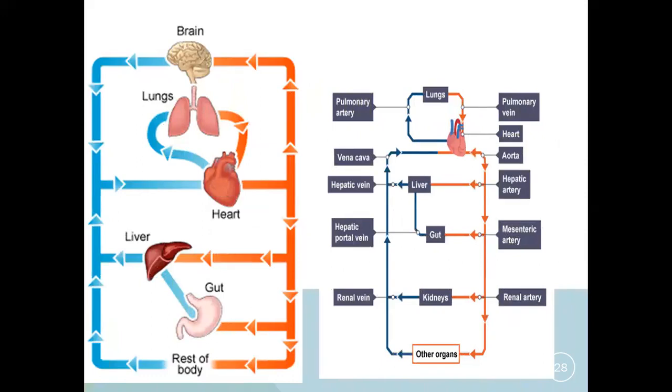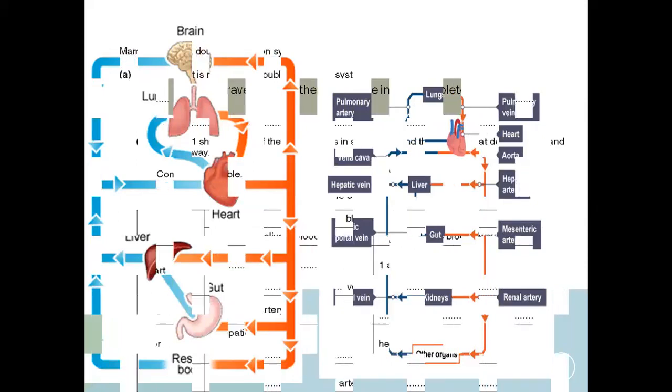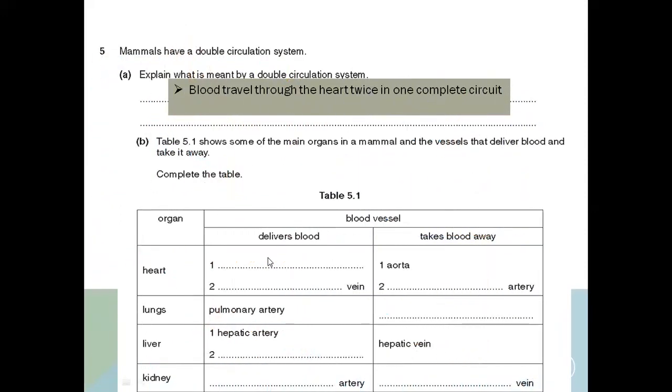Come toward this again, look here. Is it clear? Sorry, pulmonary, you know, delivers blood to the lungs. So the one delivering blood to the lungs is the pulmonary artery, and the pulmonary artery is taking deoxygenated blood.